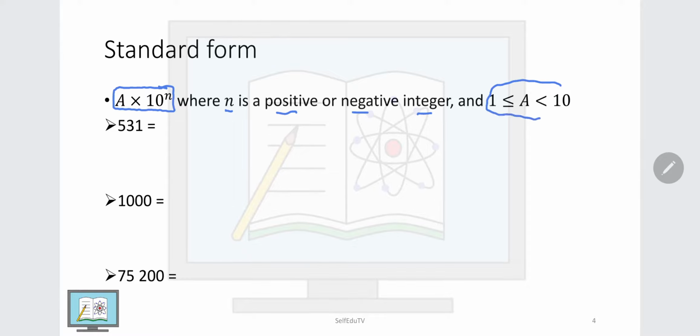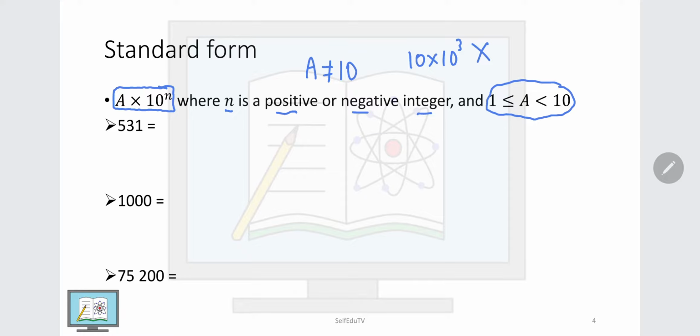Take note that 10 is not included. So a cannot equal 10, and this is not a standard form.